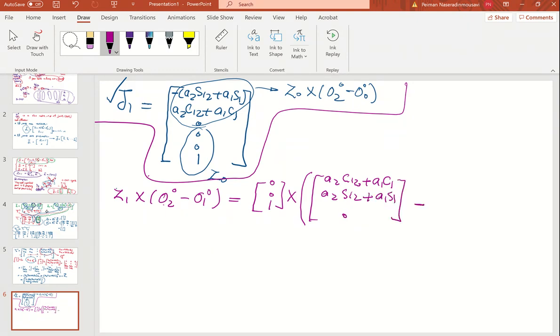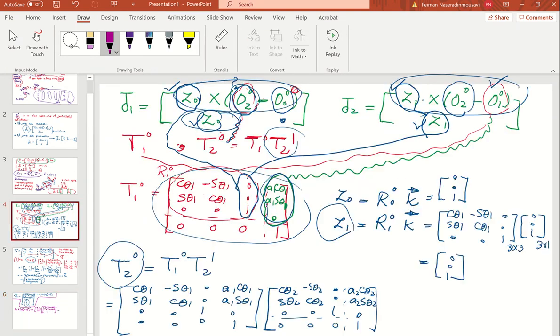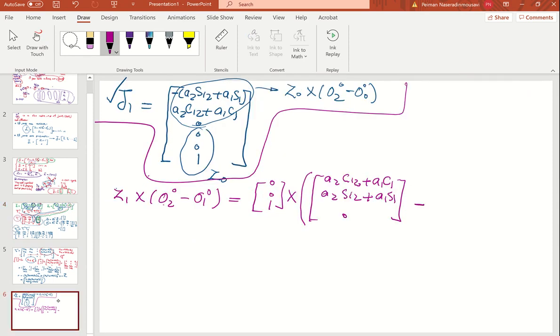Minus O1 with respect to 0. We calculated O1 with respect to 0 from this transformation: A1 cosine theta 1, A1 sine theta 1, and 0. Here we go. So you see that this with this goes, and this with this goes.